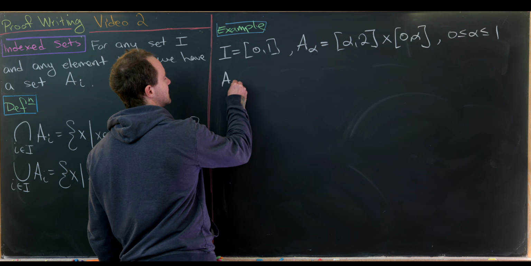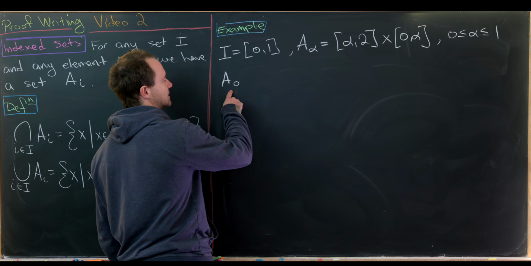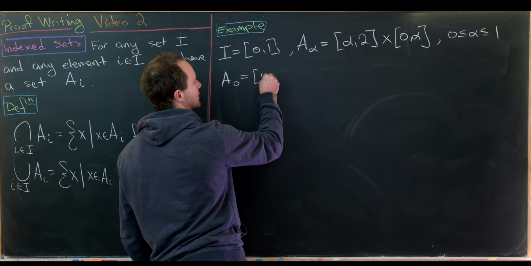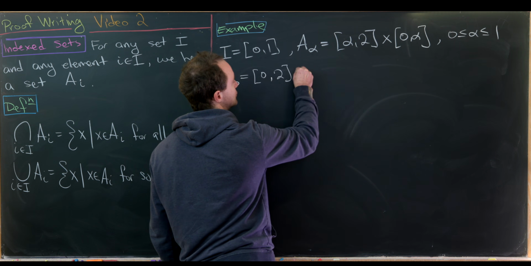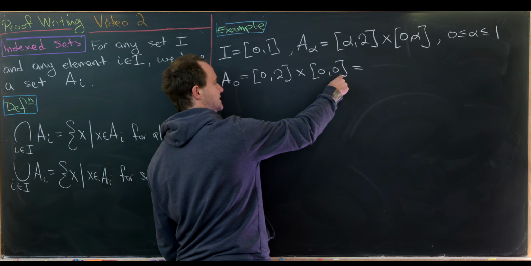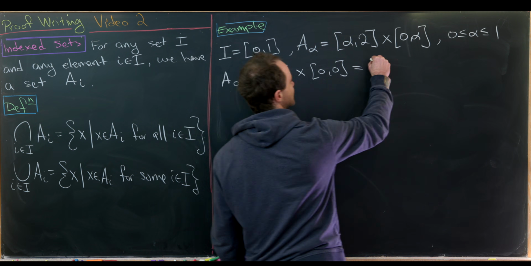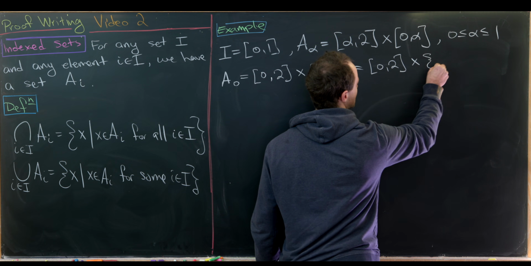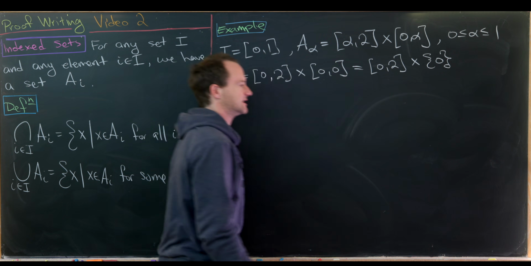So probably most interestingly is to look at A0 and A1 because those are the endpoints. So notice that A0 will be 0, 2 cross 0, 0. But 0, 0, the closed interval, is just going to be the singleton 0. So we have 0, 2 cross the singleton 0.